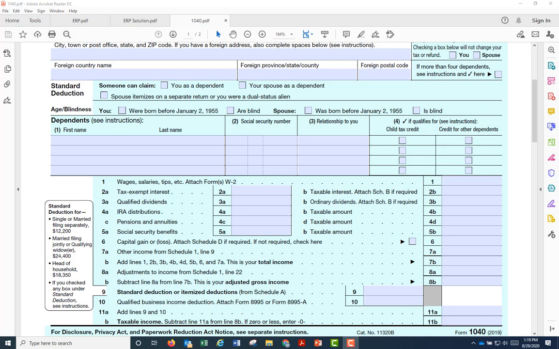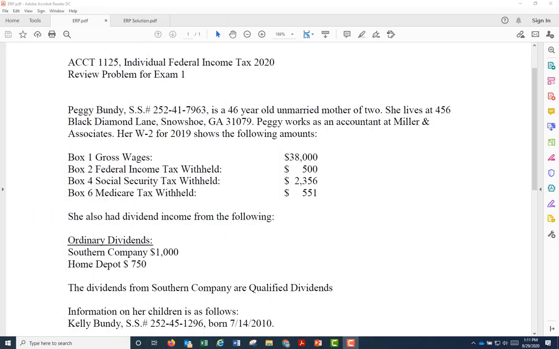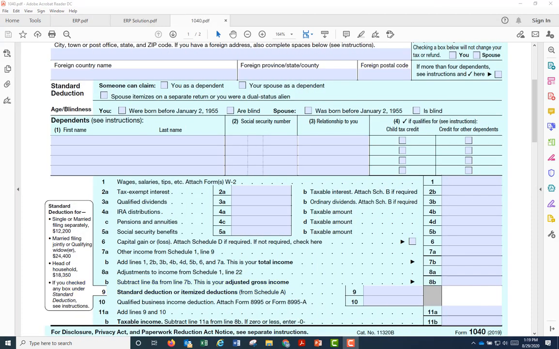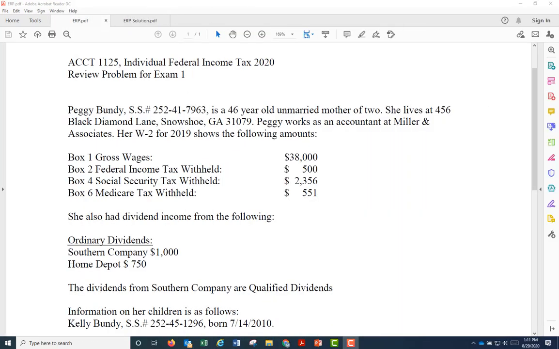The problem tells us that the dividends from Southern Company are qualified dividends. Where is qualified dividends reported? Line 3A. What's more important is knowing why it is qualified dividends and what are the implications for filing individual tax here.